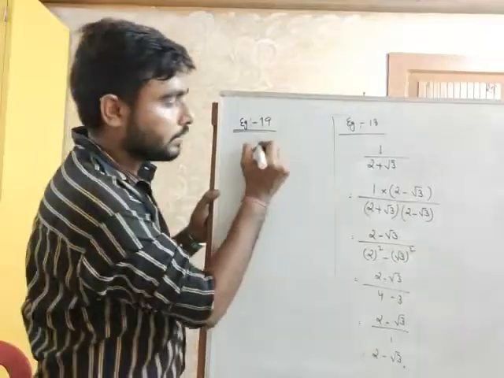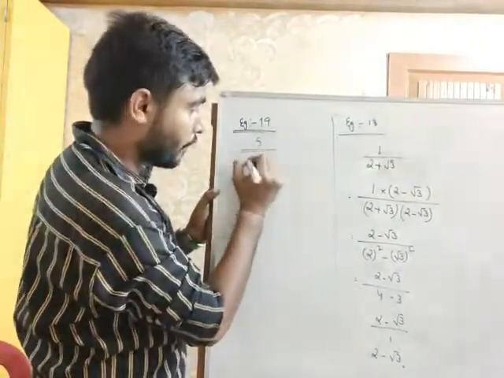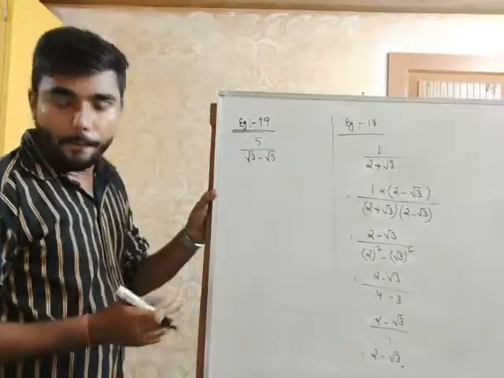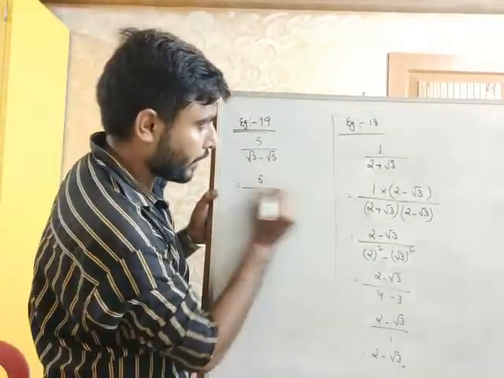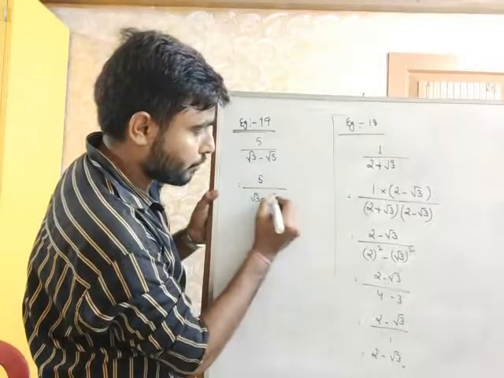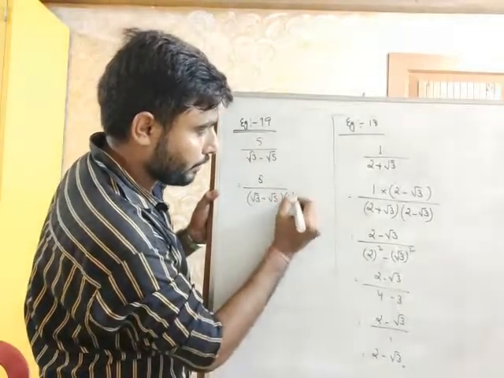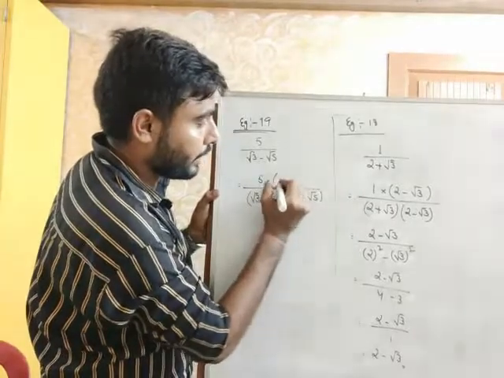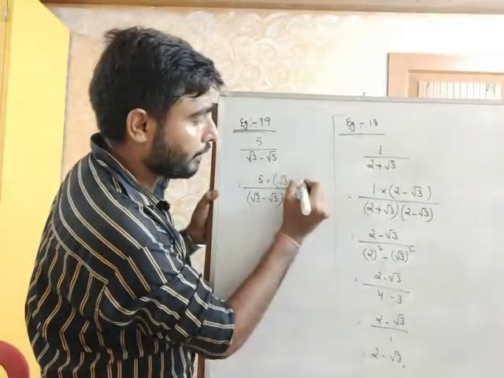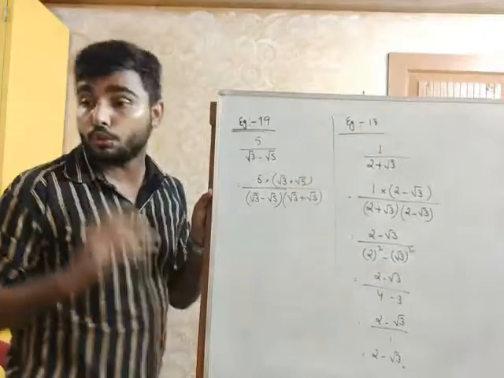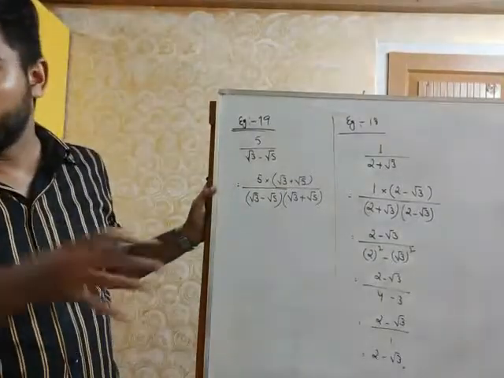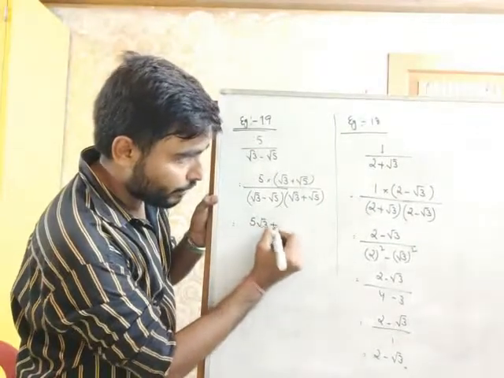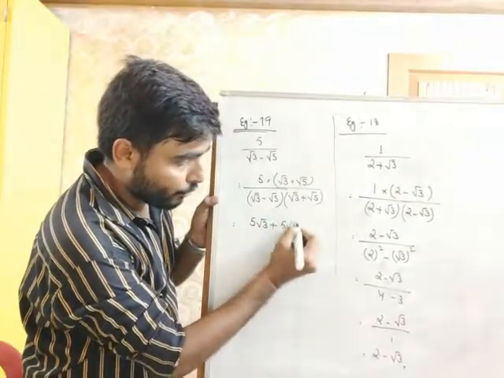What is this? 5 by √3 minus √5. Okay. So 5 by √3 minus √5 into the conjugate of this, which is √3 plus √5. Anything multiplied with the denominator will be multiplied with the numerator also, to keep the number the same. So 5 into √3 is 5√3 and 5 into √5 is 5√5.